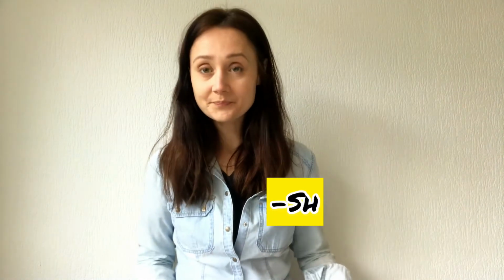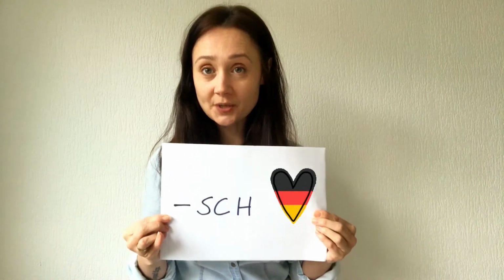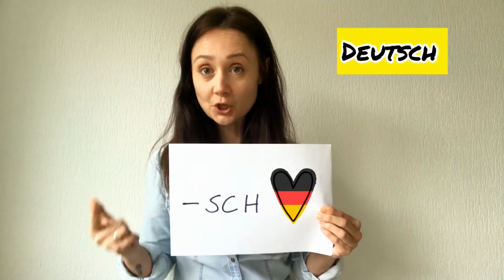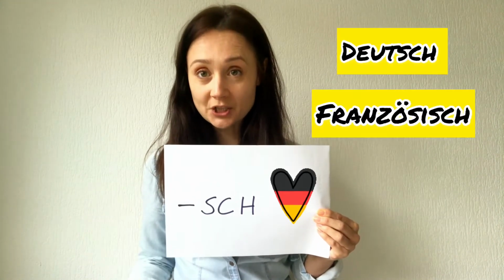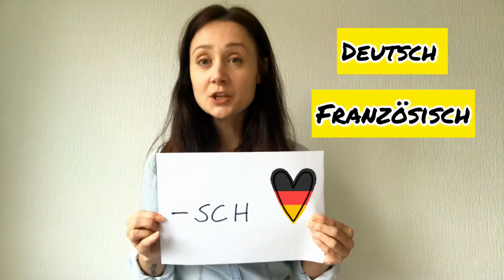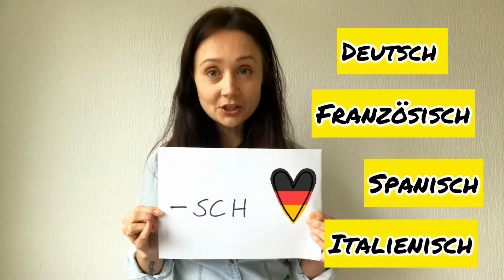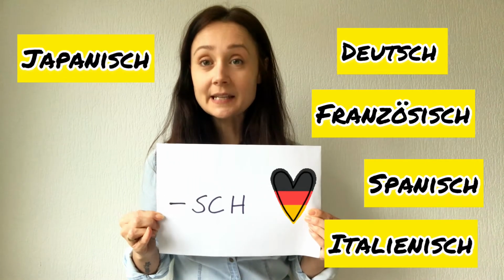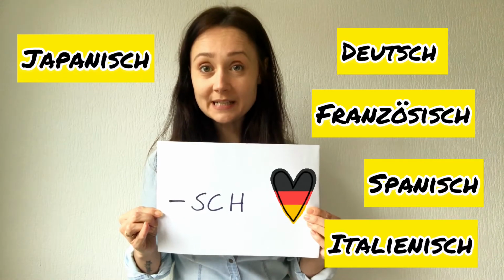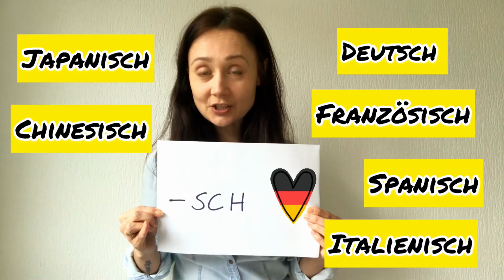Now languages, we have to put at the end of the word a sound "sh". S-C-H, sh. For example, Deutsch, German, Französisch, French, Spanisch, Spanish, Italienisch, Italian, Japanisch, Japanese, Chinesisch, Chinese.